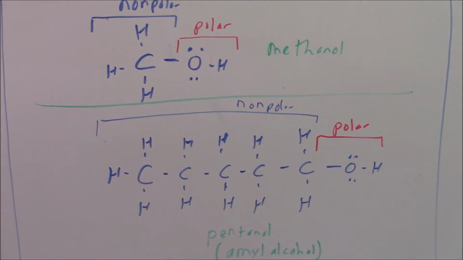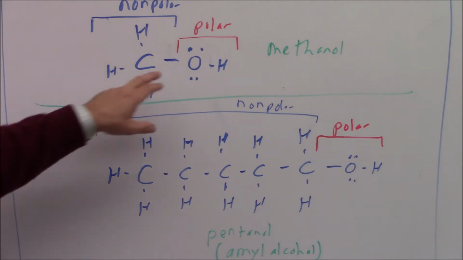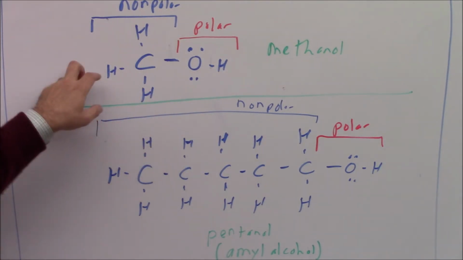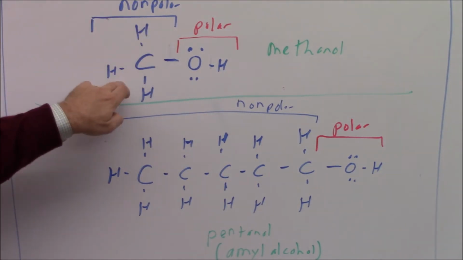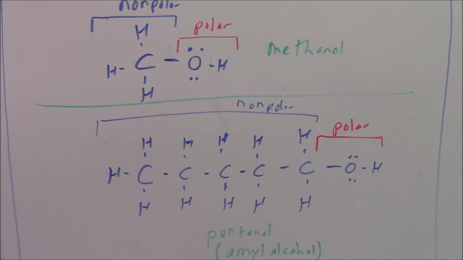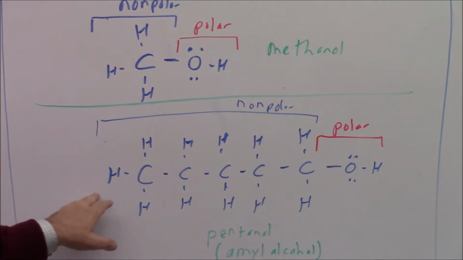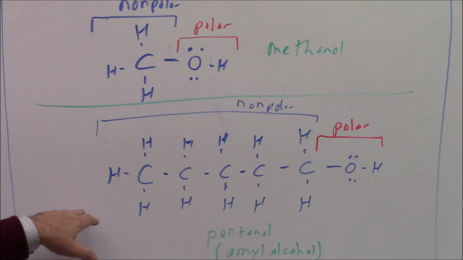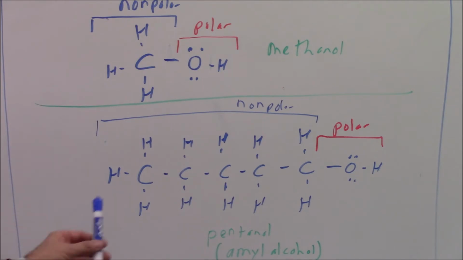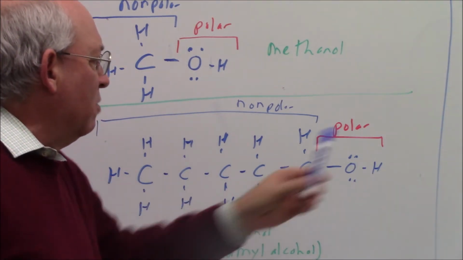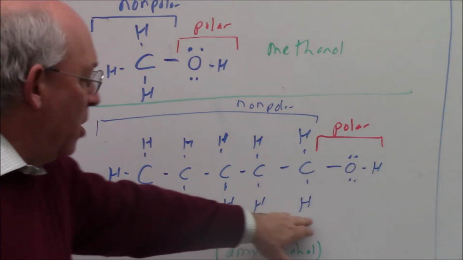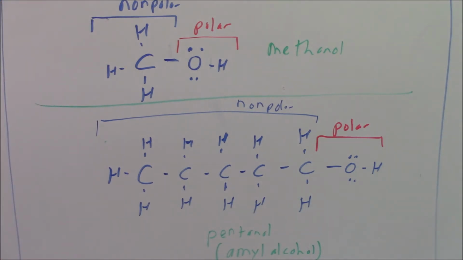But in methanol, the vast majority of the molecule is the polar end, and there's just a tiny amount of hydrocarbon. Remember, hydrocarbons are nonpolar. As this hydrocarbon chain gets longer, that begins to dominate the properties of the molecule. So even though there's a little bit of an OH polar end here, the majority of this molecule is nonpolar, and it's insoluble in water.